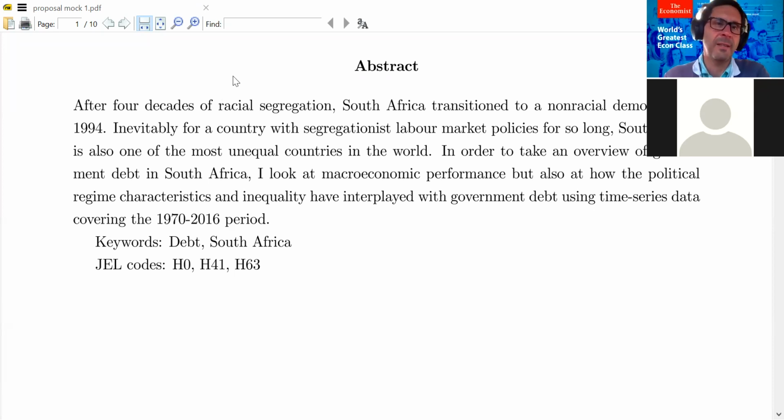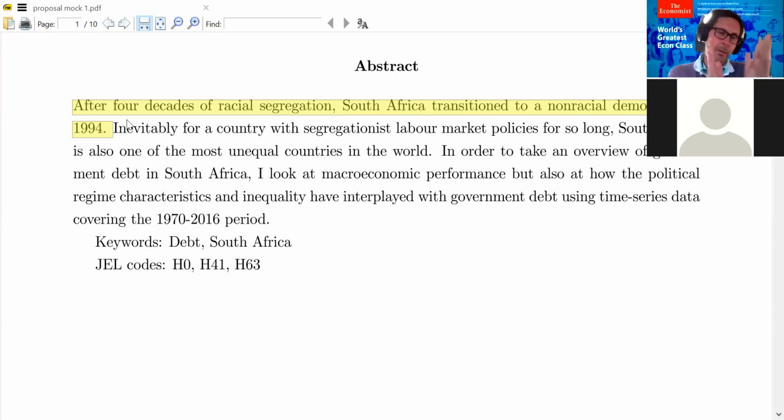The first sentence there is essentially motivation. After 4 decades of racial segregation, South Africa transitioned to a non-racial democracy in 1994. So this transition makes South Africa an interesting place to study, because there is always the before and the after 1994.